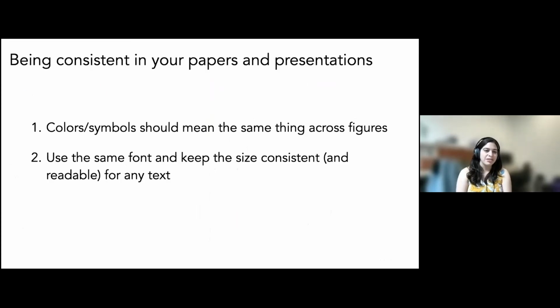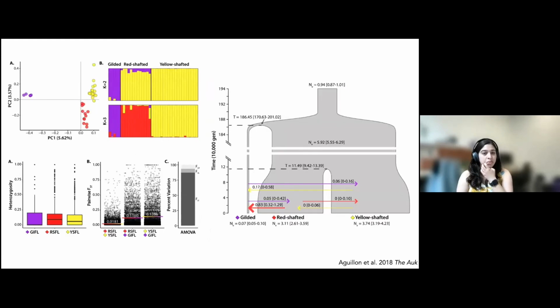The next thing, which I think is important too, is using the same font and trying to keep the size consistent and always readable for any text that you have in the figures. So you can see here, lots of instances of text in these figures. But what you maybe did or didn't notice is that it's the same.